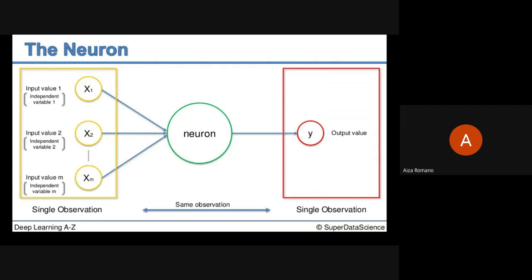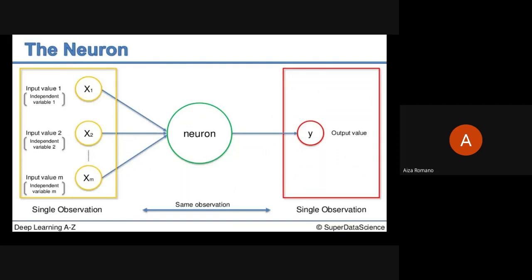So important to remember that whatever inputs you're putting in, that's for one row. And then the output you get back is for that exact same row. Or if you're training your neural network, then you're putting the inputs in for that one row. You're putting the output in for that one row.